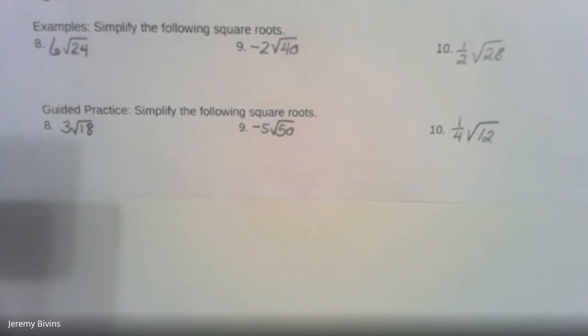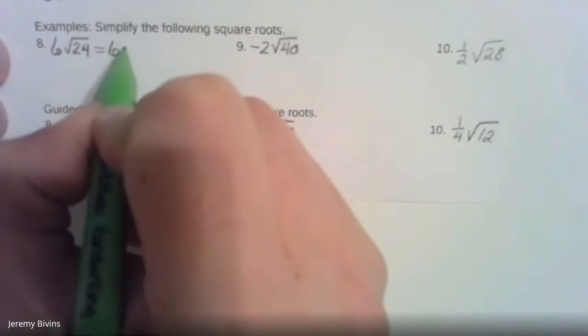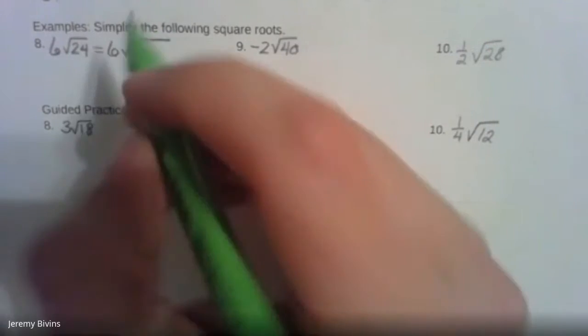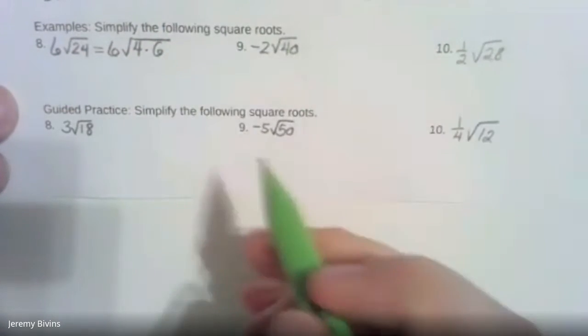Number 8 says 6 square root 24. Now this time I'm not going to write out the perfect squares. We'll just discuss them as we're solving. So the 6 is going to stay where it is. And I'm going to put the radical symbol right there for the 24. Now, the biggest perfect square that goes into 24 is 4. And the other number that you use would be 6.